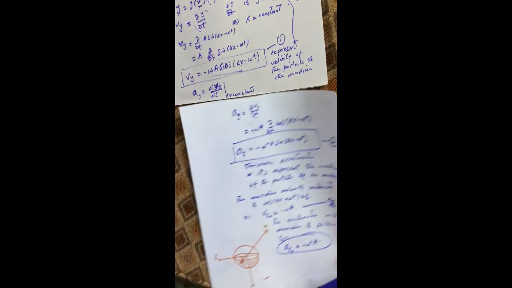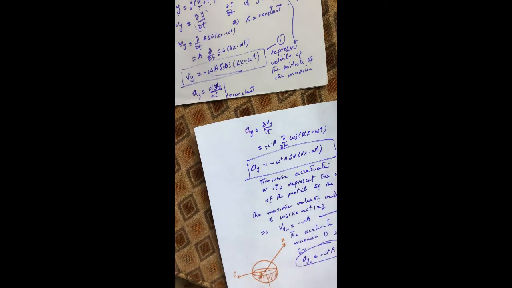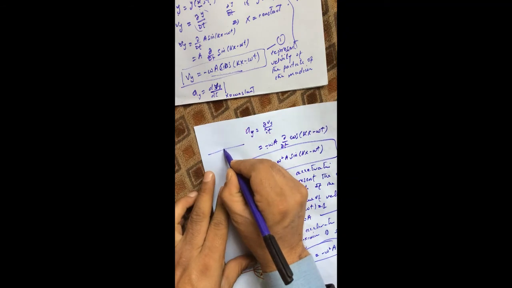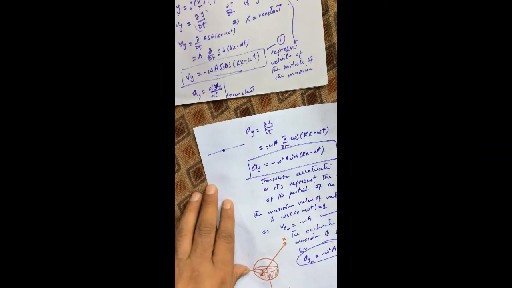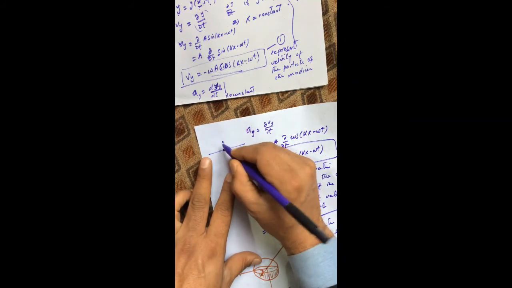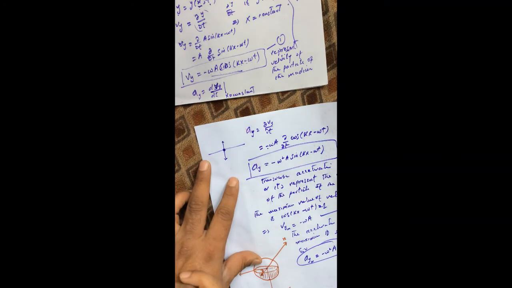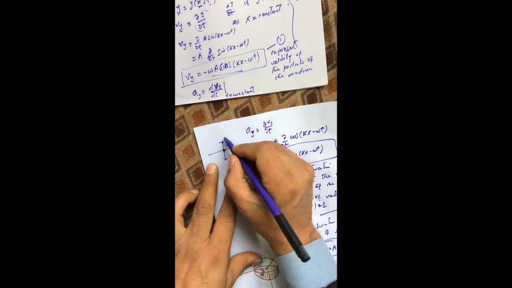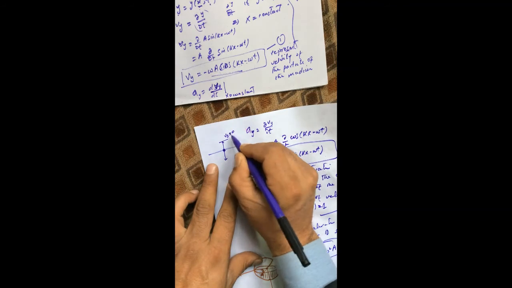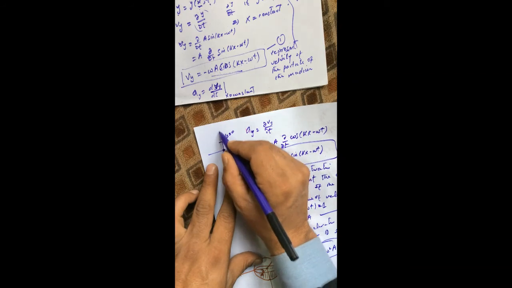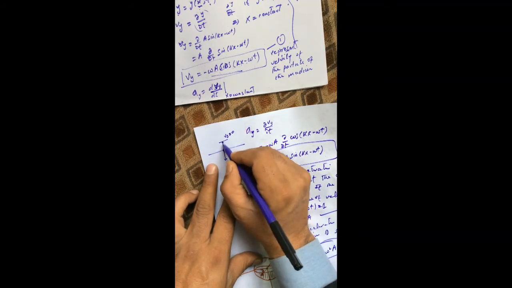Now if a particle is moving, let's suppose this is a string and this is one of the particles of the string, this particle either moves up or moves down. Once this particle reaches its maximum displacement, its velocity will be equal to 0, because after that it cannot move beyond this point, so it will move downward again.